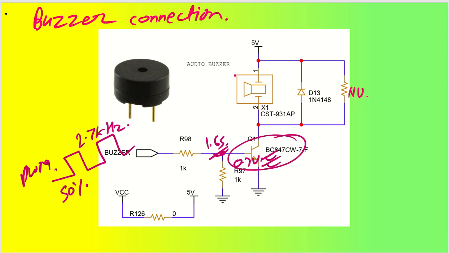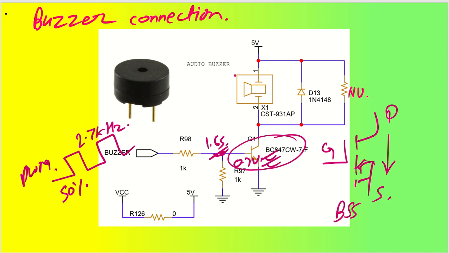If you want, you can replace this transistor with a MOSFET. A MOSFET is actually preferred because it doesn't have a lot of drop across it. So this will be my drain, this will be my gate, and this will be my source. The part numbers you can utilize for this buzzer are, let's say, BSS138, PW115, or otherwise 2N7002K.